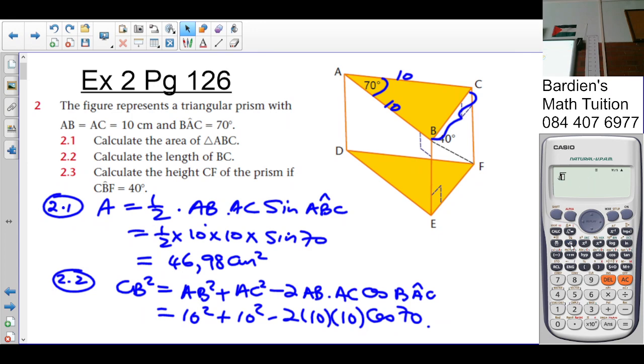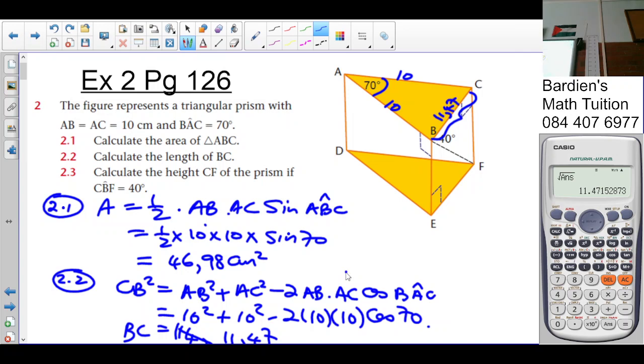The square root thereof gives you 11,47. So BC is going to be 11,47 centimeters.